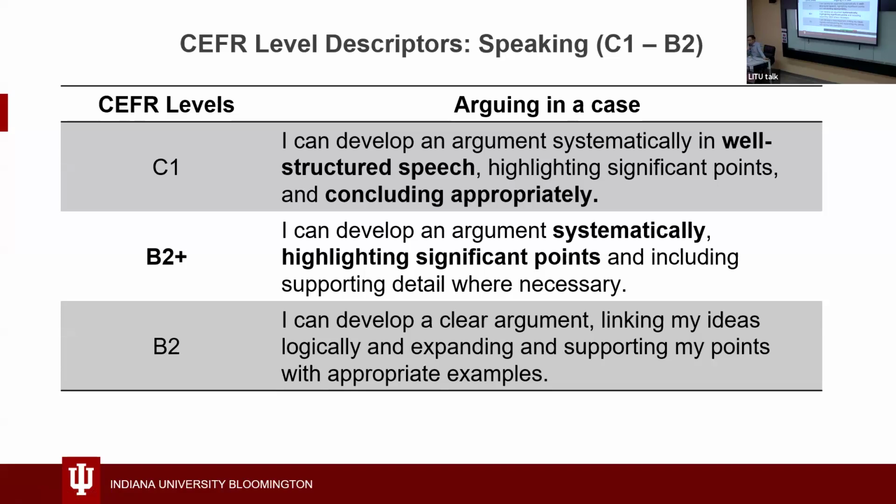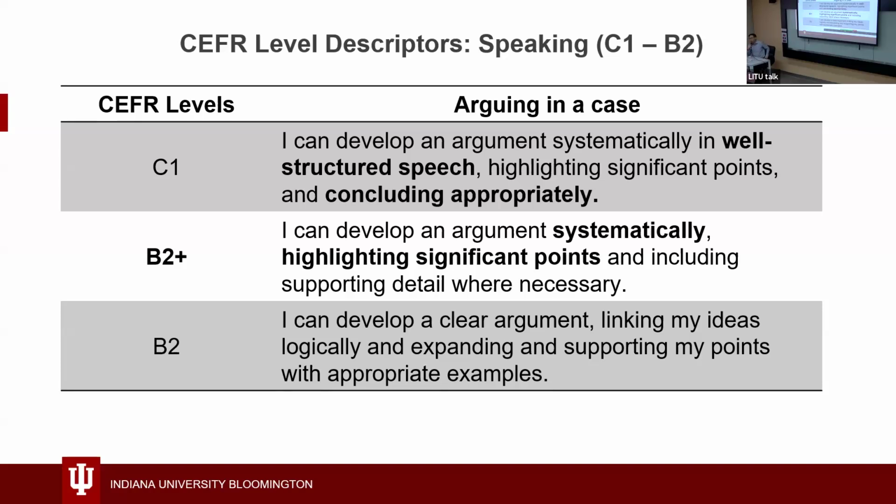B2 plus: you can develop an argument, same as C1 level, and you can do it systematically and highlight the significant points. You can also include supporting details, but it's not really a well-structured speech. That's the difference between C1 and B2.